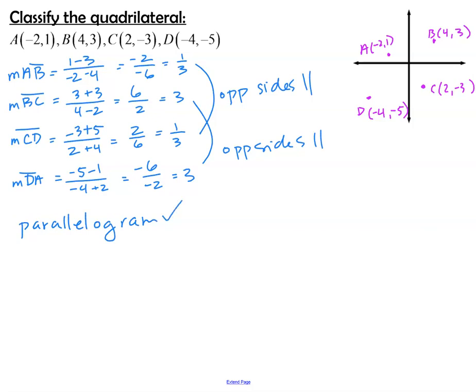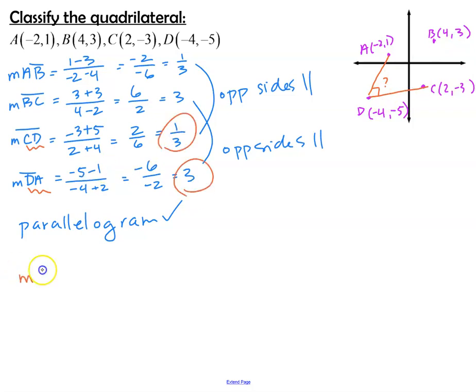Next, let's go ahead with our rectangle and rhombus check. So again, we want to check 2 consecutive sides to see if they form a right angle. I'm just going to take AD and DC. Those are the ones that I chose from my diagram, and I'll take their slopes.